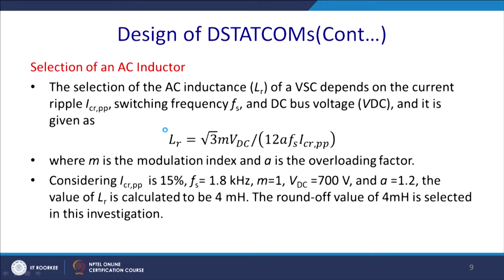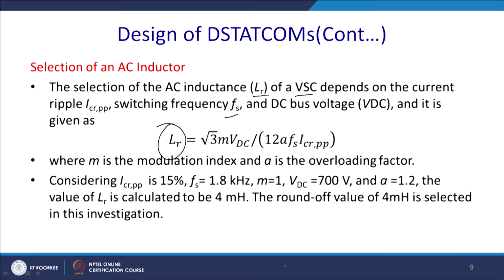The selection of the AC inductance L_R of the voltage source converter depends on the current ripple, the switching frequency f_s and the receiver's voltage, and it is given as L_R equal to root 3 M V_DC by 12 a f_s I_cr(pp). Let us see what it is.